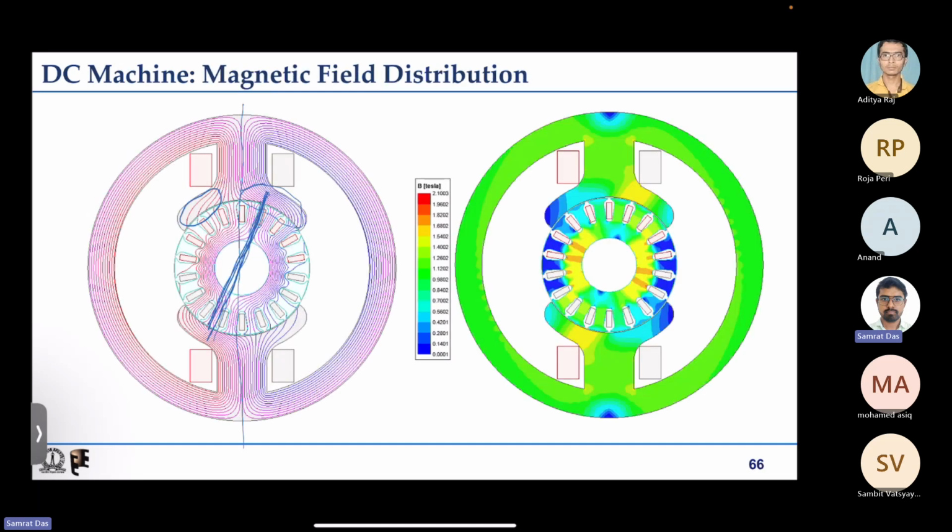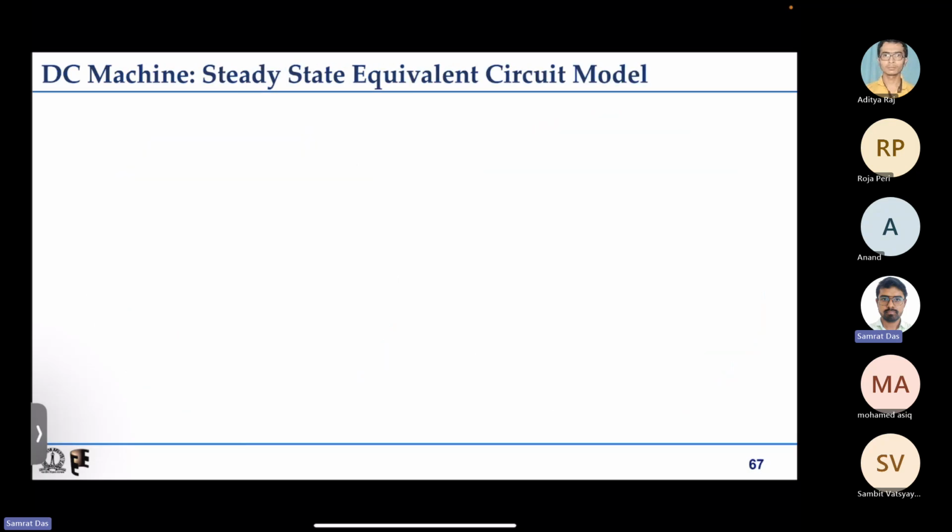Next, I'll give a brief overview of the things that we will go through. For the DC machine, we are well aware of the steady state equivalent circuit model.